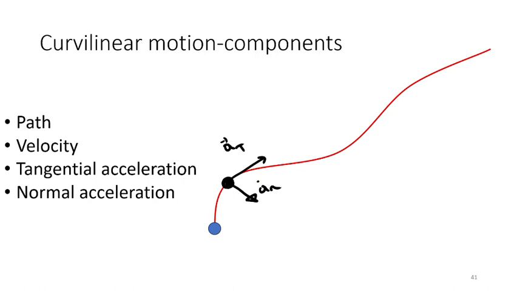Okay, and then if the body is here, there is only a_t. Here, no a_n. There is no normal acceleration. It's like a straight path. There is not something that keeps it in the curvature. So there is no normal acceleration.